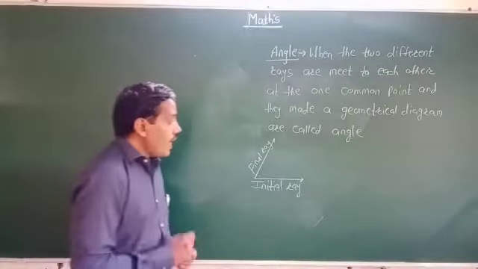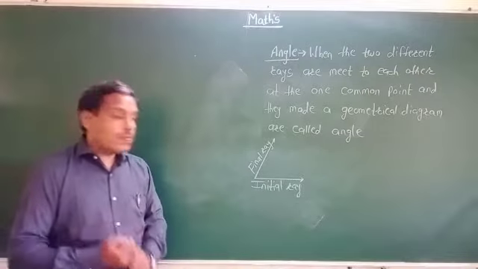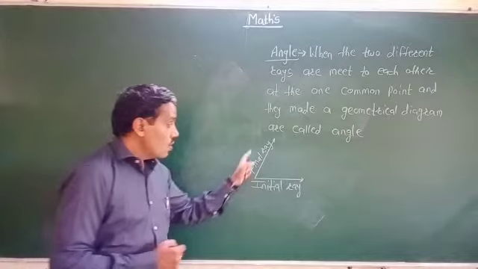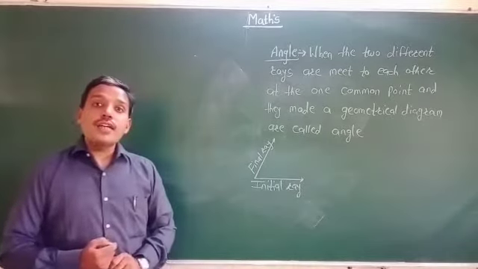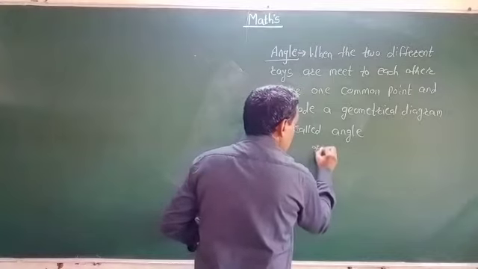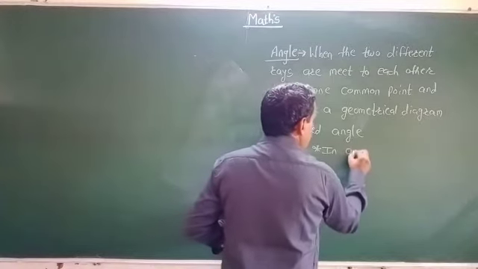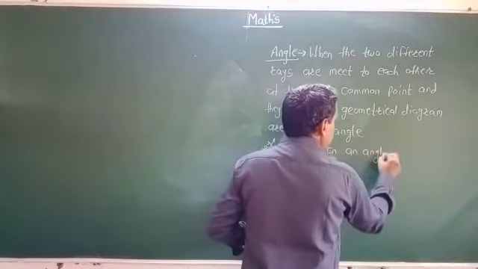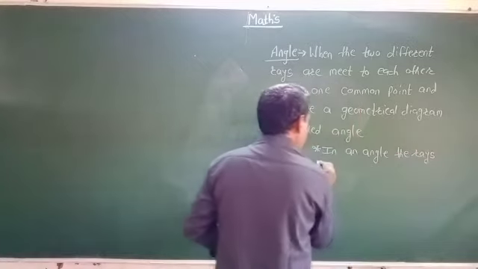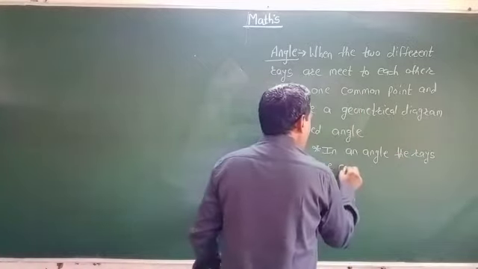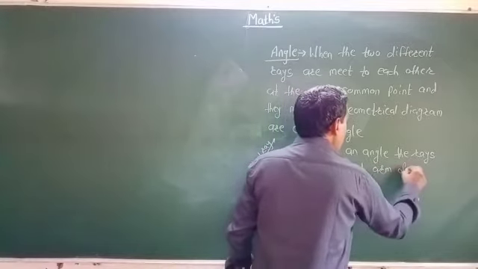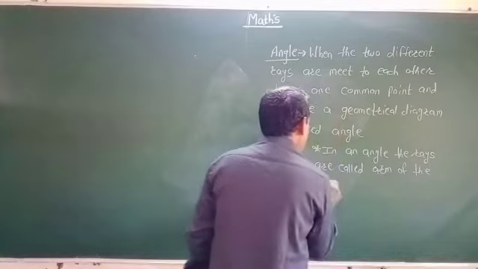So in an angle we have seen that there are two rays and one common point. So those rays are also called the arms of the angle. So in an angle the rays are called arms of the angle.